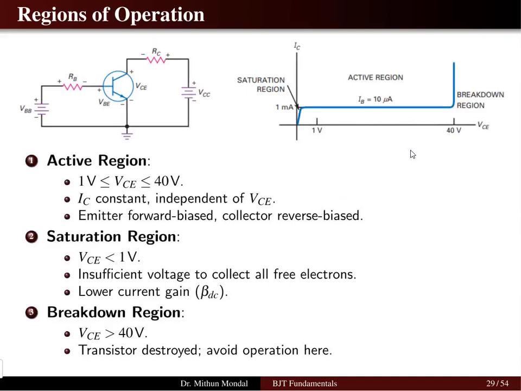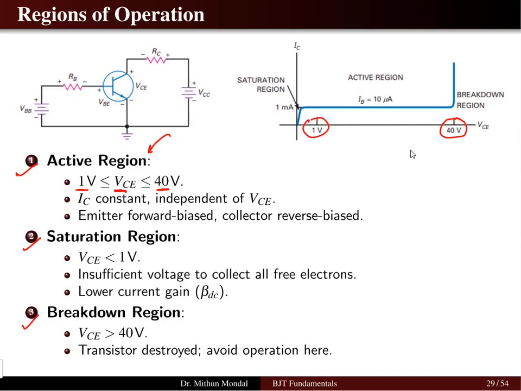So for the region of operation, there are three important regions: the active region, the saturation region, and the breakdown region. Now what is the active region? The active region is where the collector to emitter voltage varies from 1 volt to a higher limit, which is specified in the nameplate detail of the transistor. Here, as an example, we have taken 40 volt.